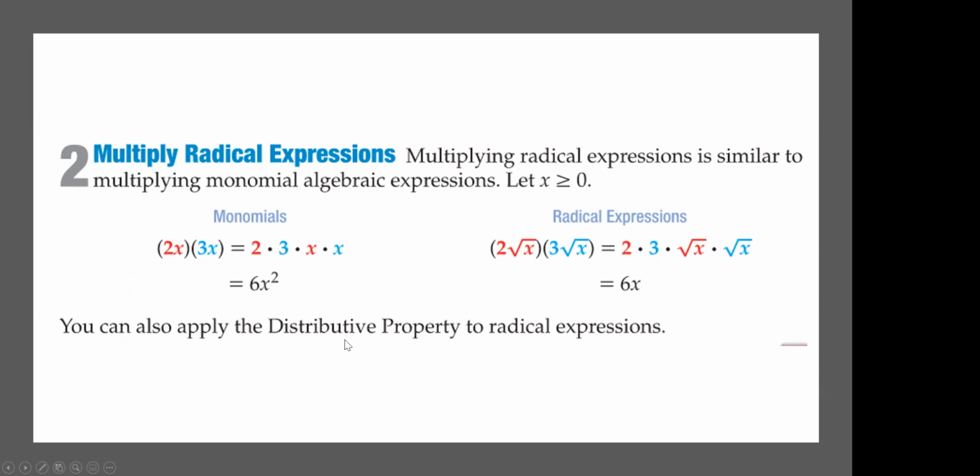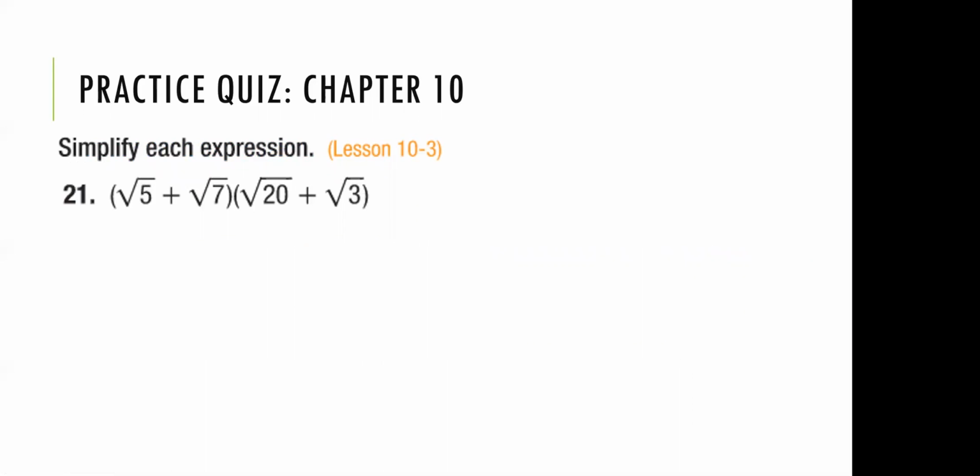You can also apply the distributive property to radical expressions. All right. So this one here looks very similar to FOILing, right? We're adding 2 terms here and we're adding 2 terms here, okay? So we're going to distribute here.